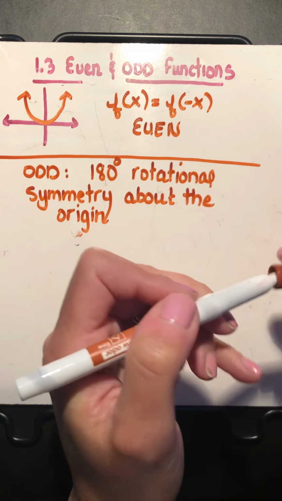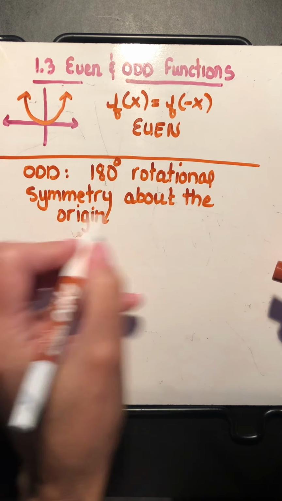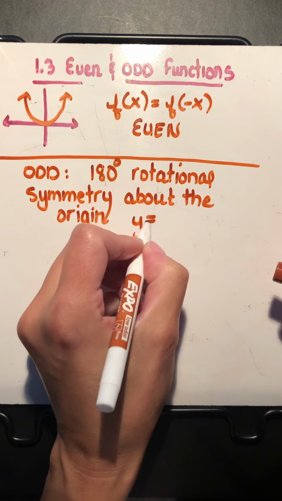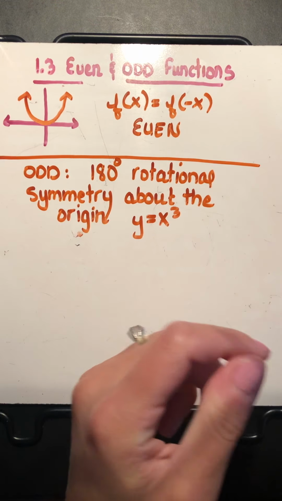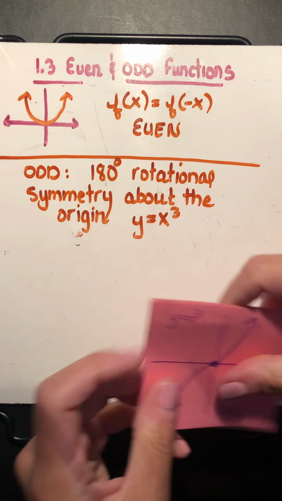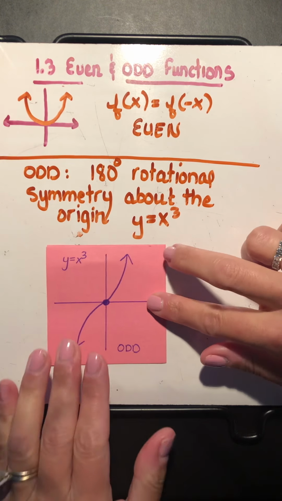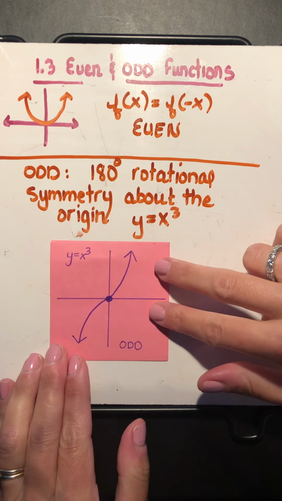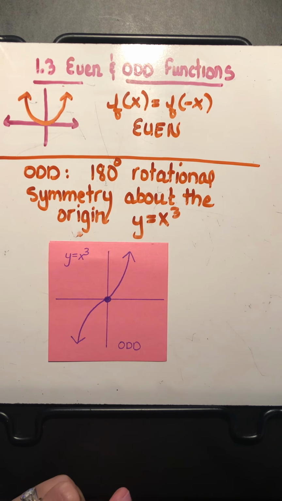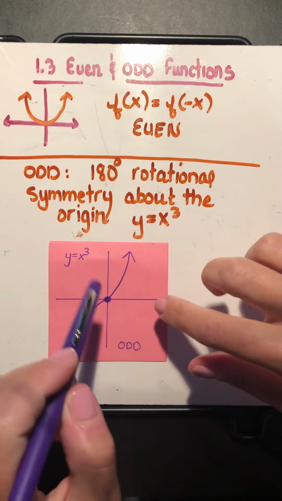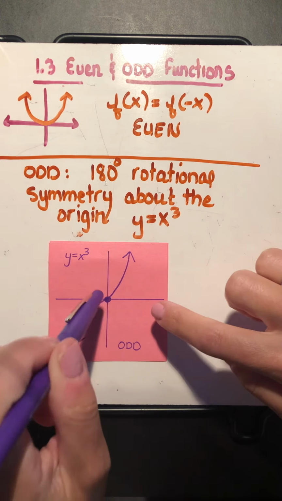Okay, so one of the famous examples of an odd function is y equals x cubed, and I'm going to demonstrate why this is an odd function. So I've taken the liberty to actually draw this on a Post-it note here, and I'm hoping this demonstration will help you understand. So how do I have 180 degree rotational symmetry about the origin? The way that I do it is if I can pin the function to the origin.